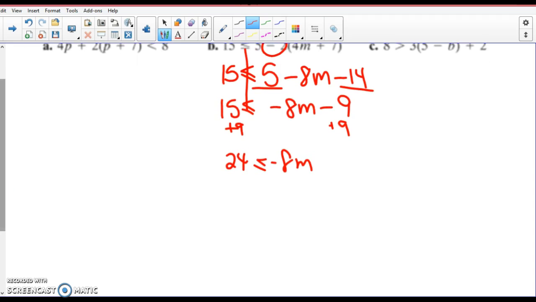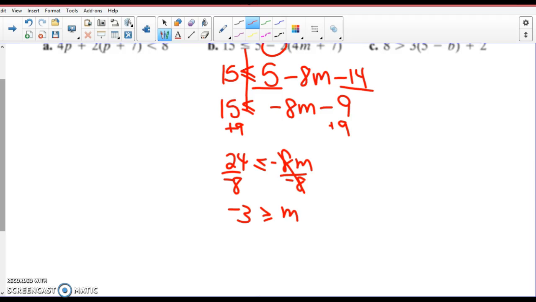And then what am I going to do? How do I finish this problem out? What do I do, Rowan? Correct. Divide both sides by -8. So I have -3. What happens to my inequality, Lexi? Correct. So it becomes greater than or equal to m. Do I leave my inequality written like that?